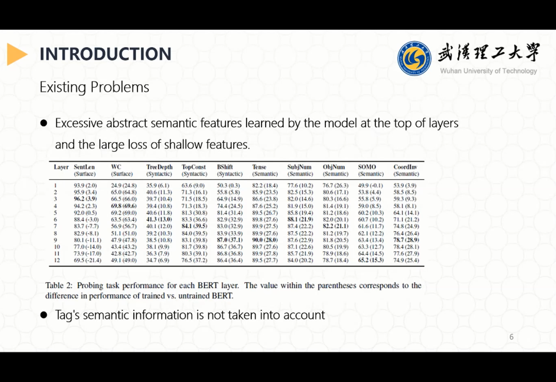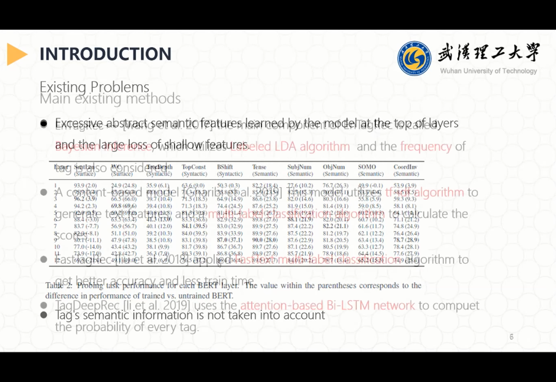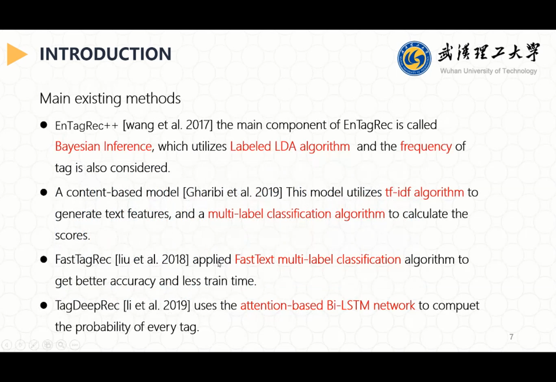The semantic information of tag is not taken into account. The main existing methods are as follows. They all use multi-label classification methods without considering the semantic information of the tag.